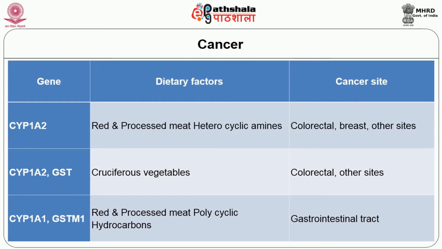So let us see how the nutrient and gene associated dietary factors interact in the development of cancer. And this diagram shows the interactions of how the dietary factor influences as well as reduces the risk of cancer.